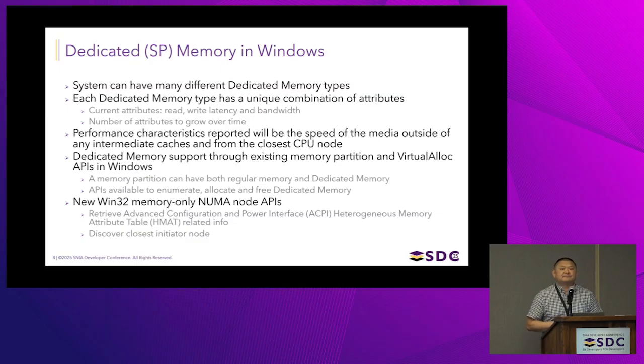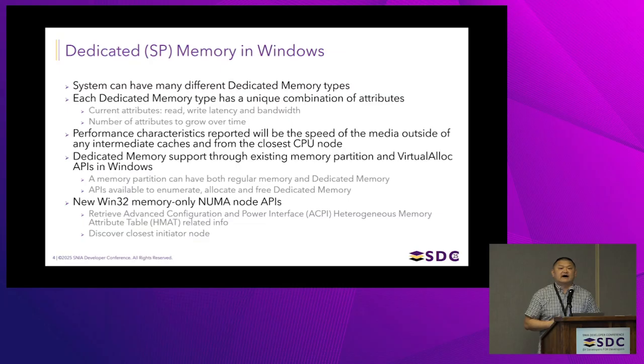The current attributes that we associate with dedicated memory are read and write latency and bandwidth. We do expect the number of attributes that uniquely define a dedicated memory type to grow in the future, and our design can accommodate that. In terms of the performance characteristics we track for dedicated memory today, it is based upon the speed of the media, outside of any intermediate caches.